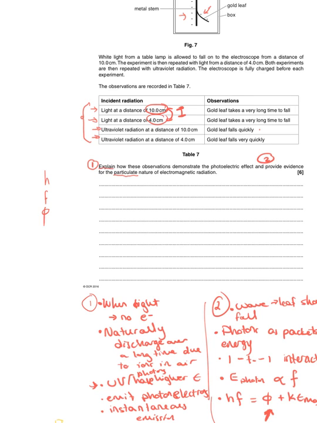And you had to talk about how different EM radiation has different frequencies, so EM frequency, and how it affects. So you have light and UV, which both have different frequencies, and you're also comparing the intensities. Here it doesn't ask you anything about the kinetic energy and how that's affected, so you do not have to talk about it. Otherwise you will waste extra time that you could be spending answering important questions.